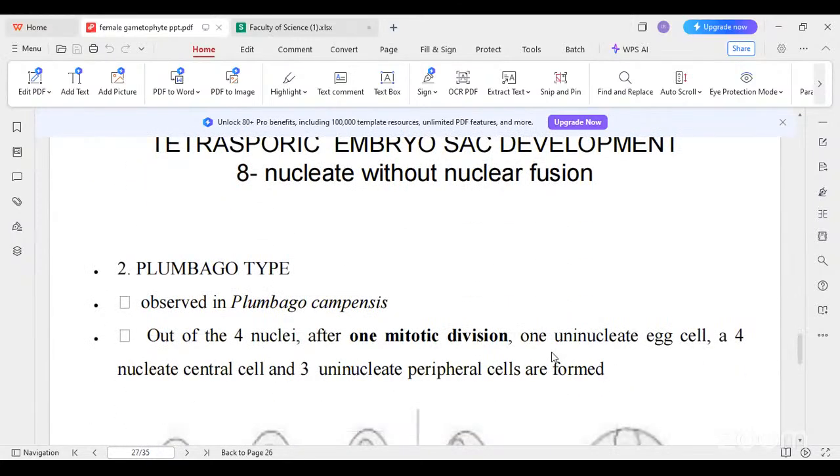Next one, the second: Plumbago, 8-nucleate.